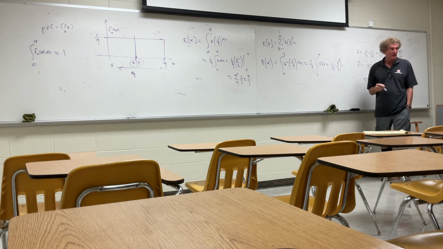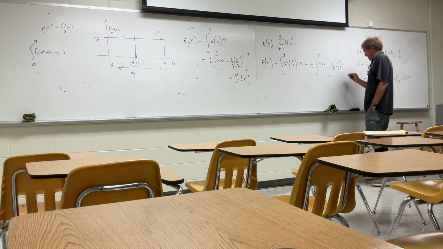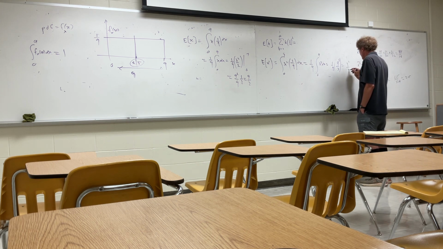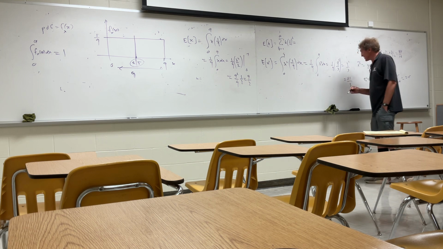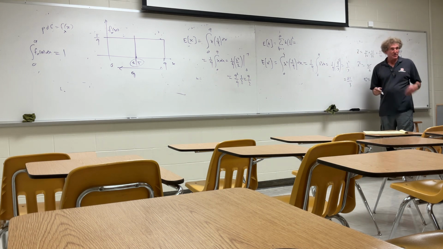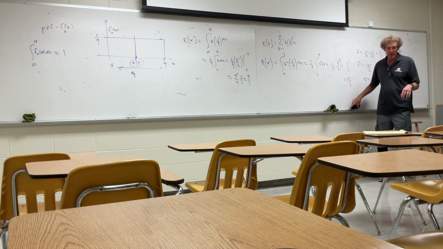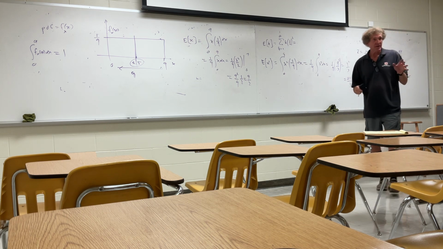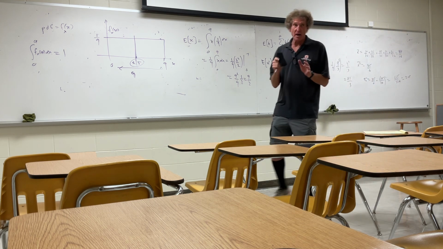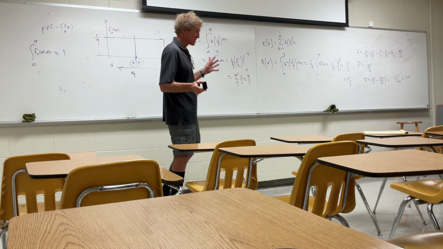Agreed? That's 9 squared over 3, or 81 over 3. Do we agree with that? So there's a very good example. By the way, I didn't plan to do this one, but I think it really shows you how to do these problems in a very easy way.